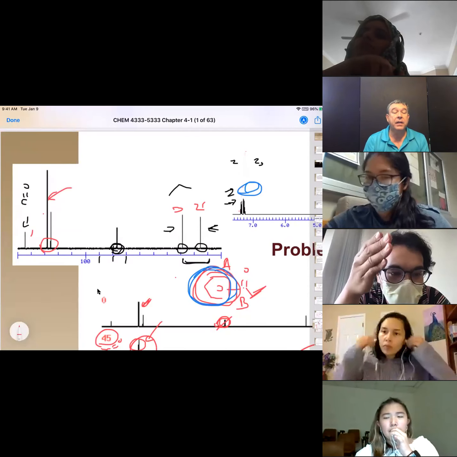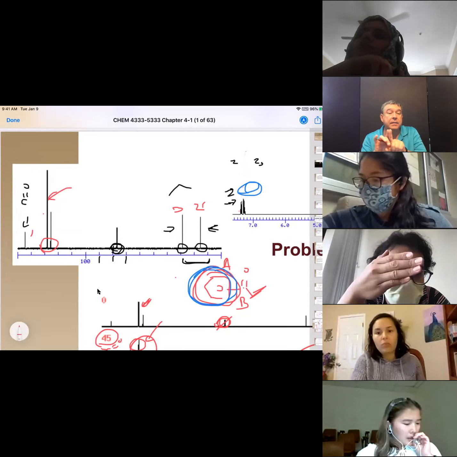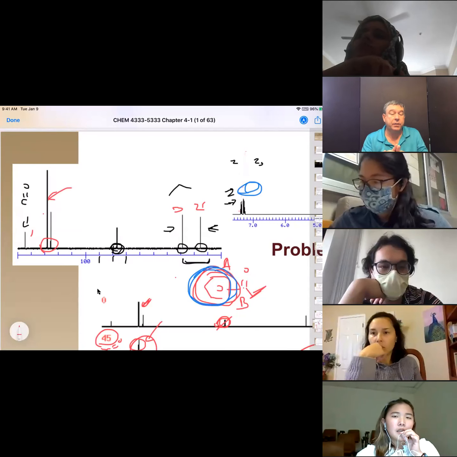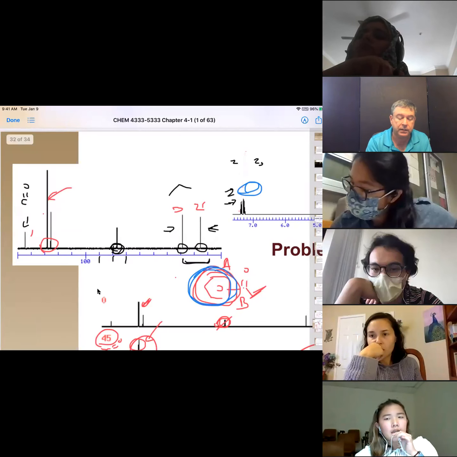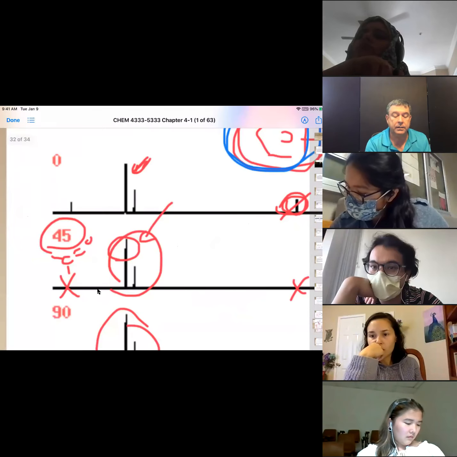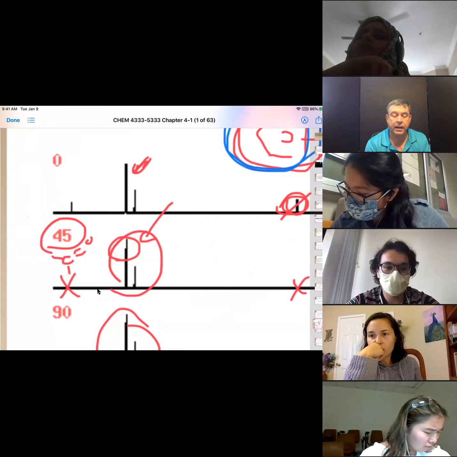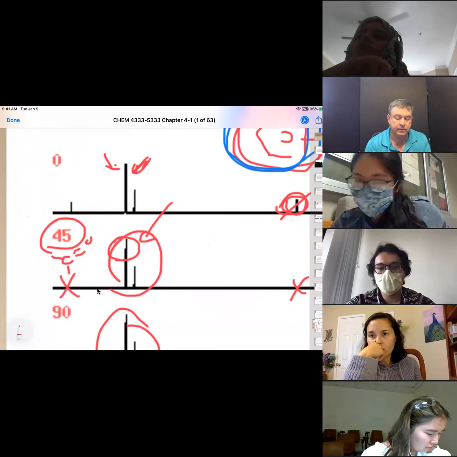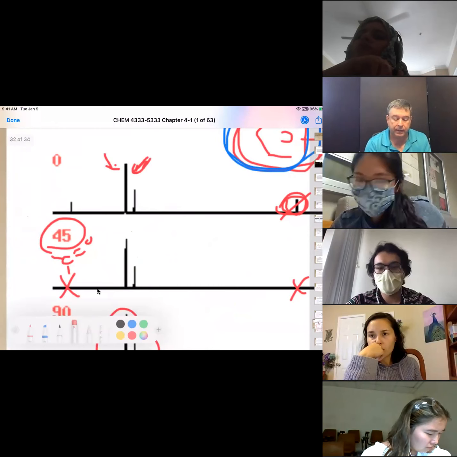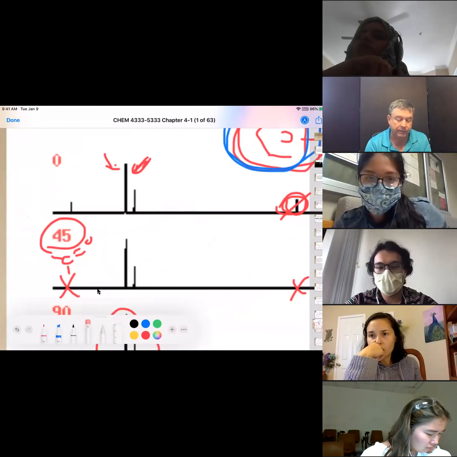And so that could be several peaks that are similar on top of each other. And when we did the DEPT experiment where we removed quaternary carbons, it actually looks like we lost something. Notice that this looks like it might have had another peak here and that we've lost it in this one right here.